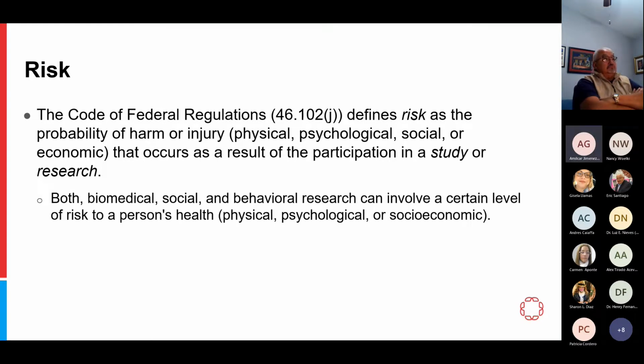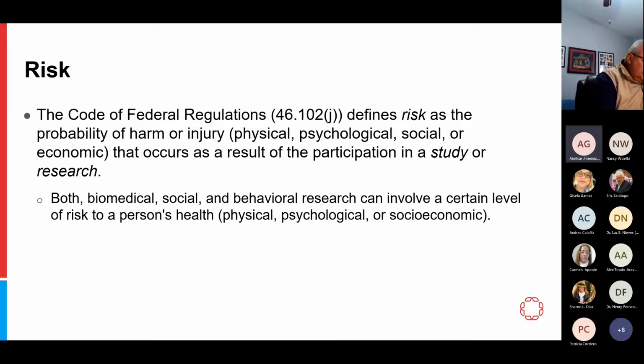Risk. And this is also another term that is very interesting. Every time I read a proposal from a student, I wonder, because students usually say there is no risk involved. No, there is always a risk. The Code of Federal Regulations defines risk as the probability of harm or injury, either physical, psychological, social, or economic, that occurs as a result of the participation in any study or research.